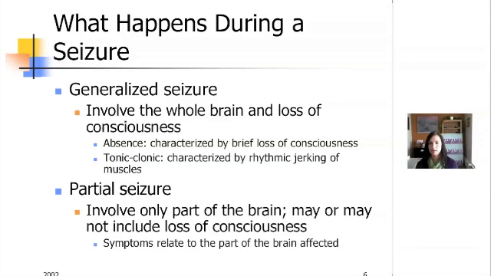The entire brain is having that lightning storm activity or that electrical activity happening in it at once. And usually during these seizures, people will lose consciousness. And the two main types, there are others, but the two main types under this are absence seizures and the tonic-clonic seizure.